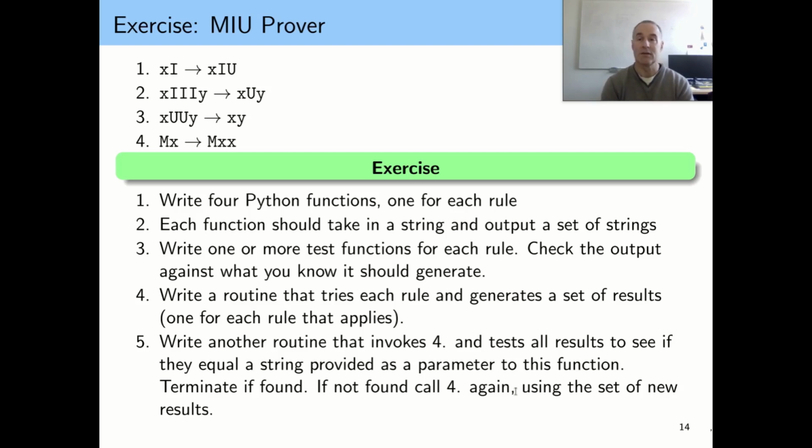We're starting with only one possibility, and if we start with mi, for example, we have 2 things that could be generated. Right? We could apply rule 1 and generate miu, and we could apply rule 4 and generate mii. After we do a round of applying rules 1 through 4 to our input, we're going to have a set of outputs, a larger set of outputs than the inputs that we started with.